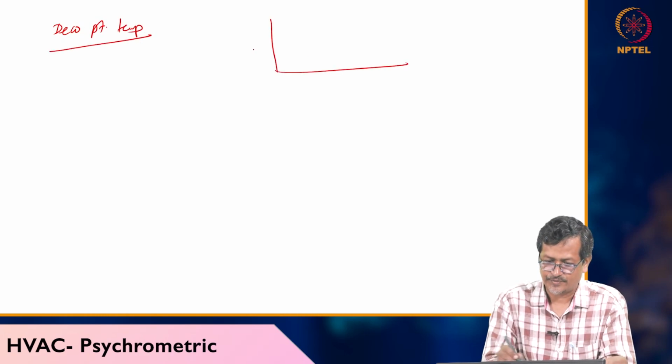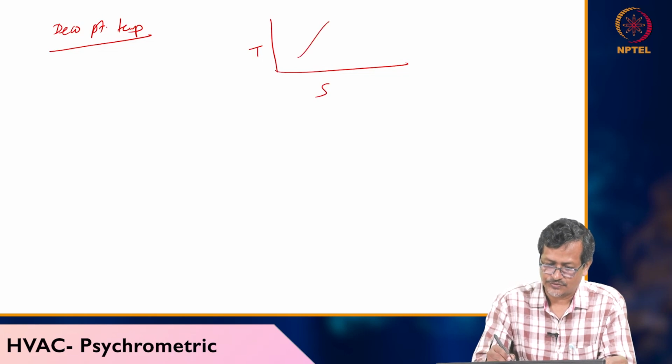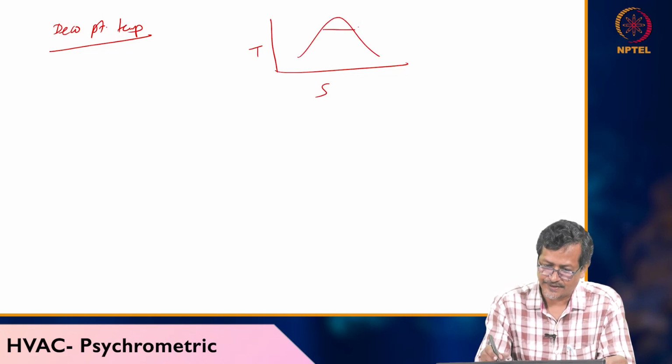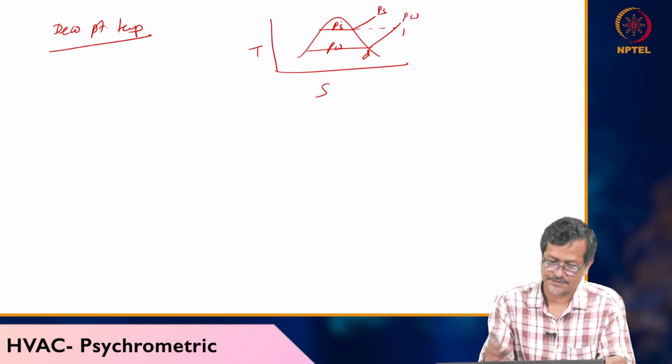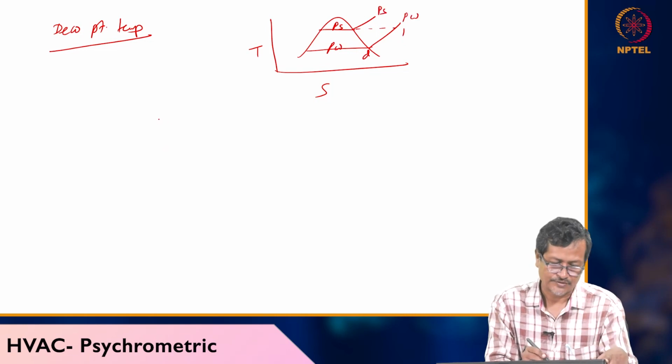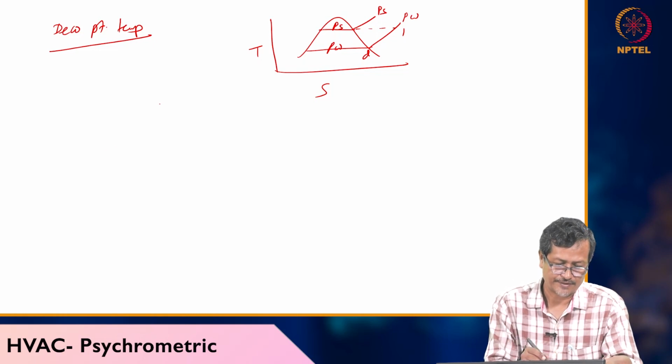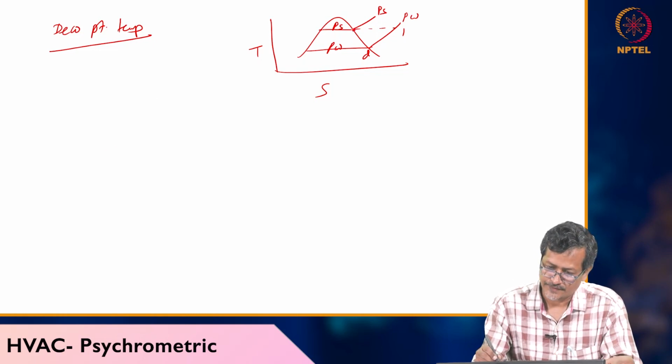On a TS diagram, if you draw it, so your vapor envelope, then your pressure line will be like this, PS saturation line, PW line, and D1. PW, this is PS. So saturated water vapor.